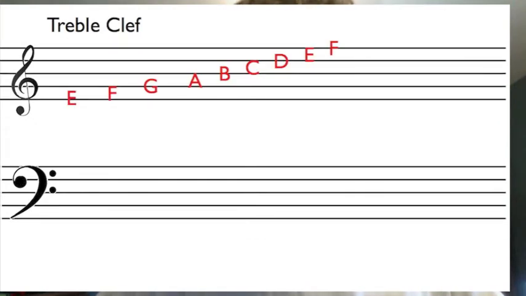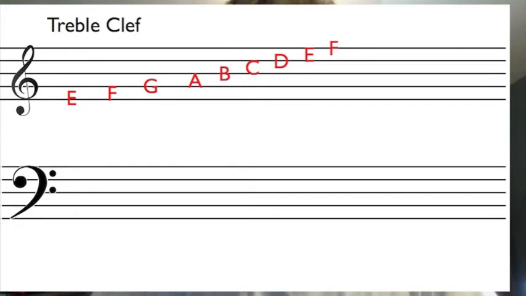Now, regardless of what clef there is, the staff will always have 5 lines and 4 spaces. So let's go over what the notes are on those lines and spaces when it is a treble clef. On the bottom line we have an E, then F, G, A, B, C, D, E, F, all the way up. As you can see, there's a pattern there.